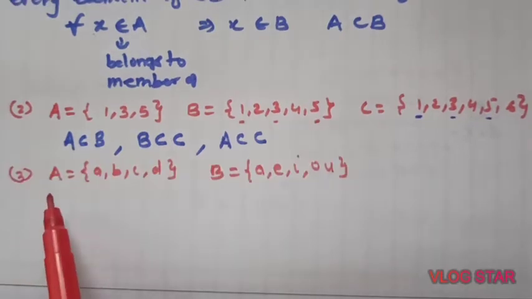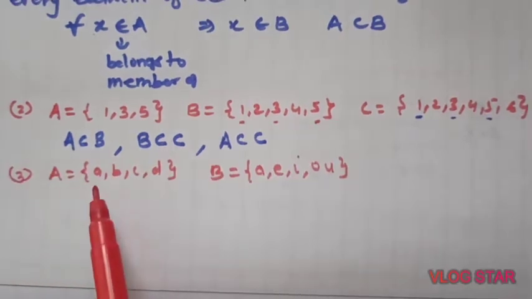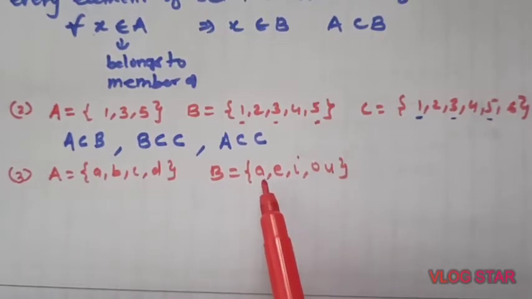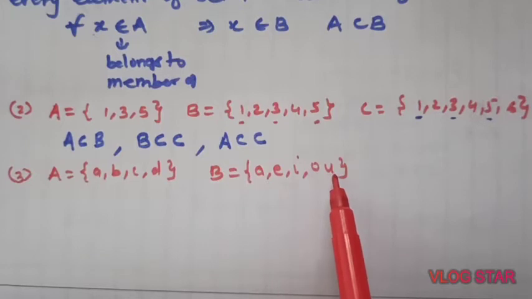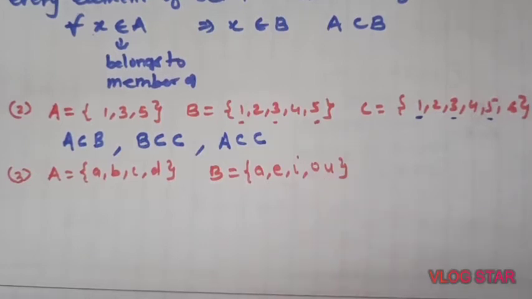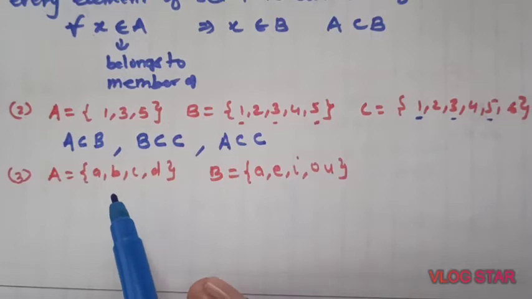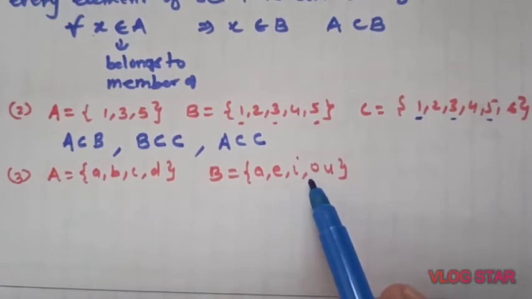Look at this another example. Set A contains members a, b, c, d, and set B contains members a, e, i, o, u. Now we'll check whether A is a subset of B or B is a subset of A. a is here, a is in B also. b is a member of A, which is not a member of this set.